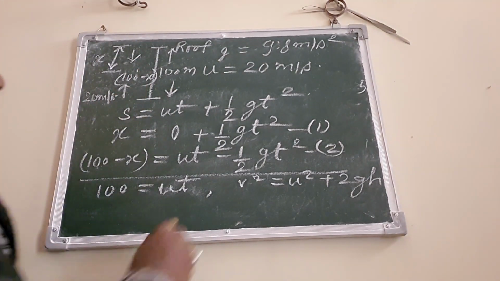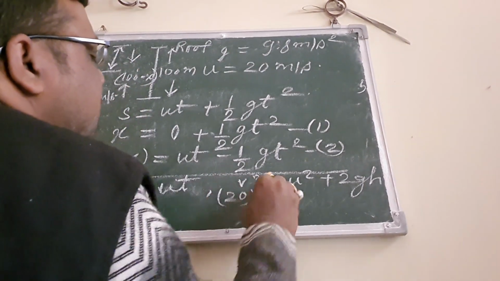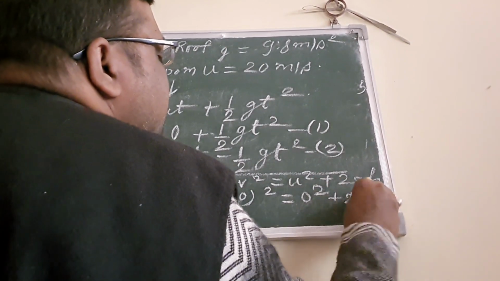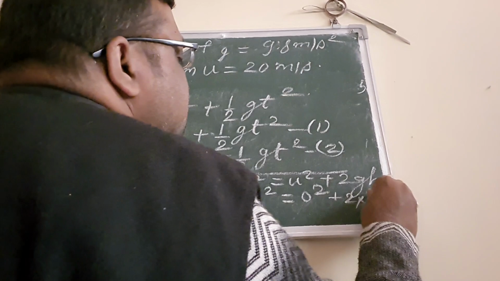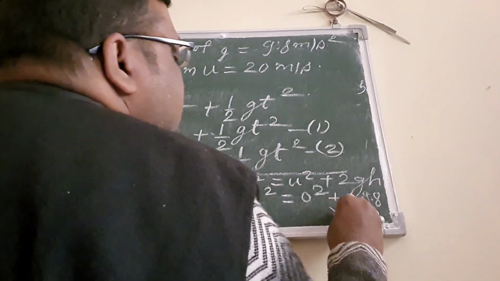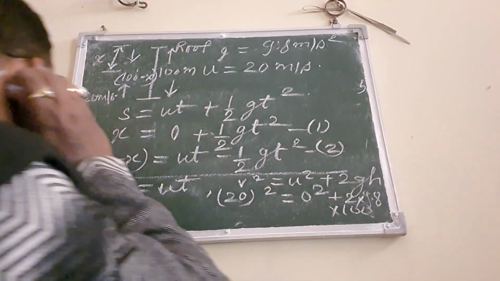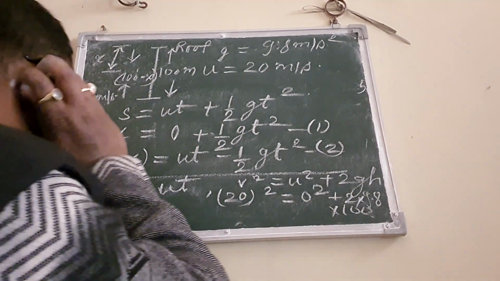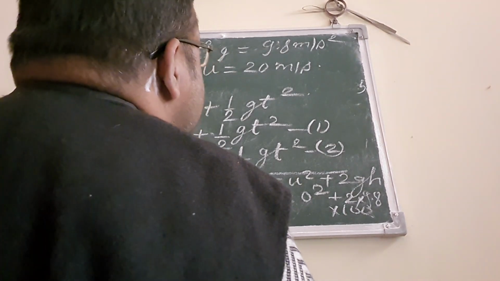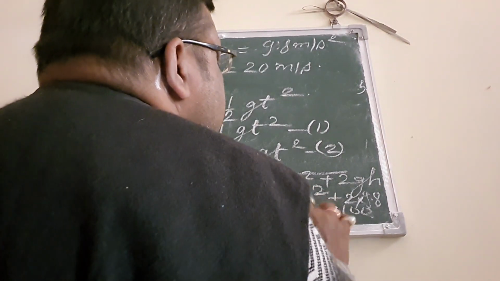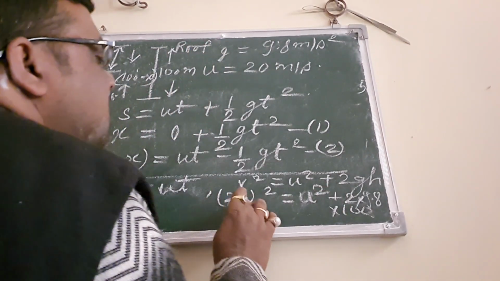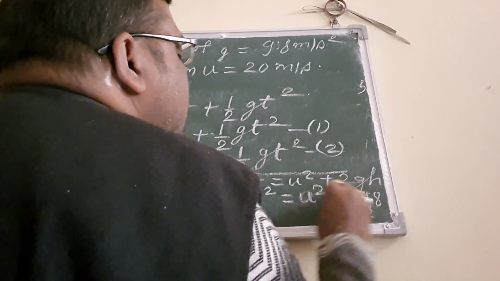So it is 20 square is equal to u square plus 2 into 9.8 into 100, and the final velocity is 0.